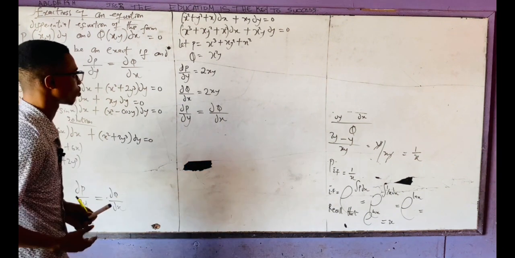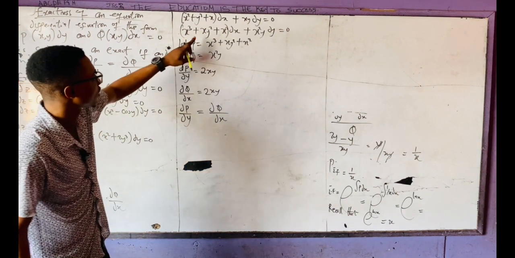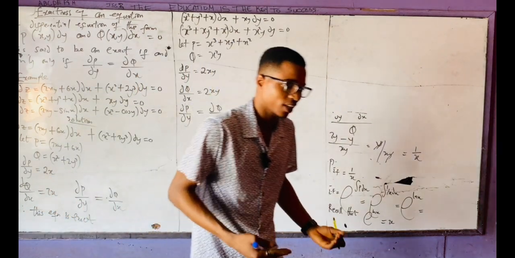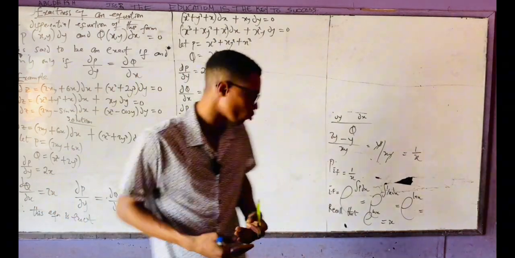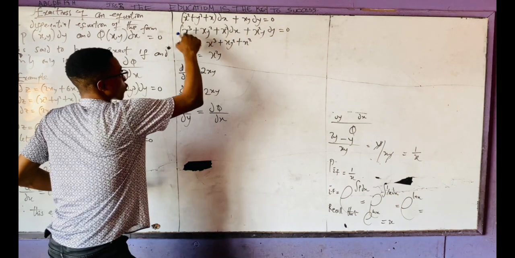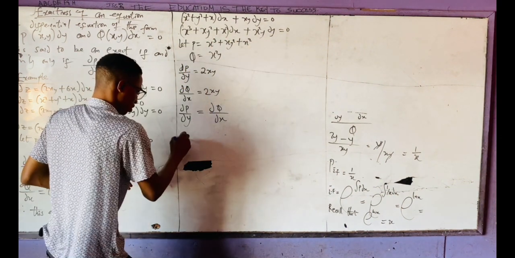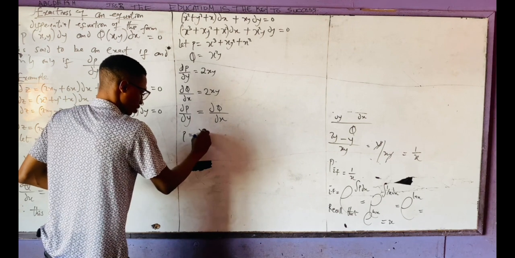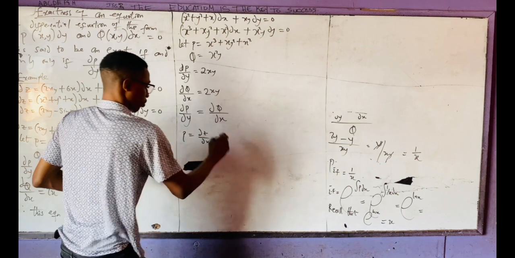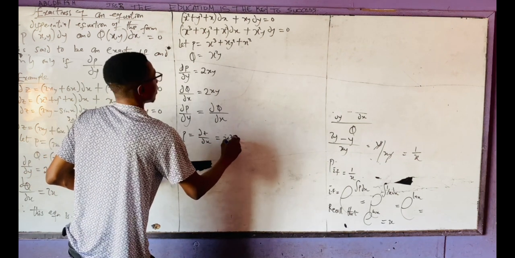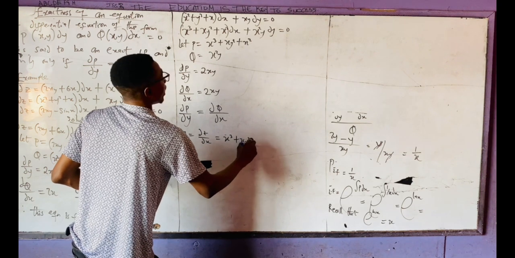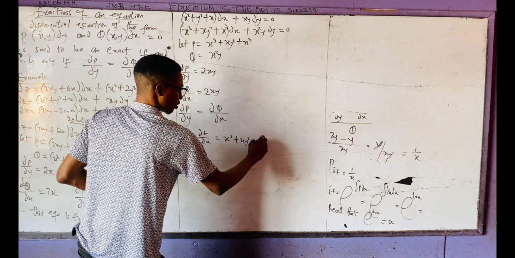Now the next step we need to carry out is to integrate the equation with respect to x and at the same time with respect to y. Now we call this p, isn't it? Let p equal dz over dx, which is equal to x raised to power 3 plus xy squared plus x squared.